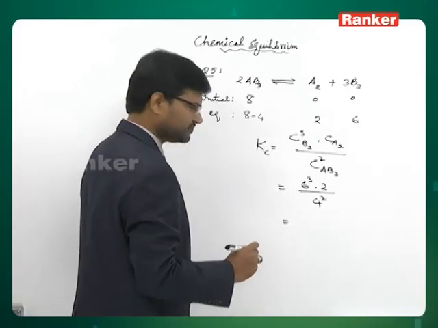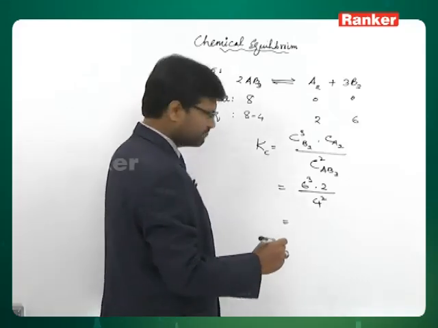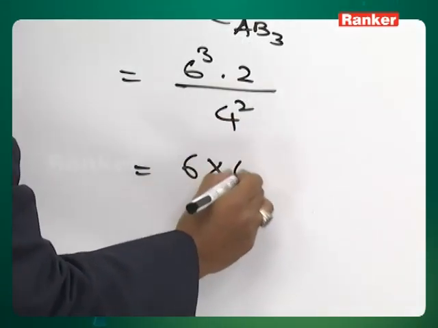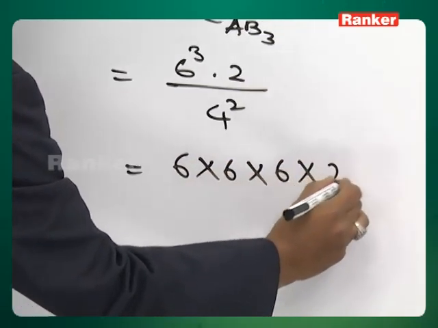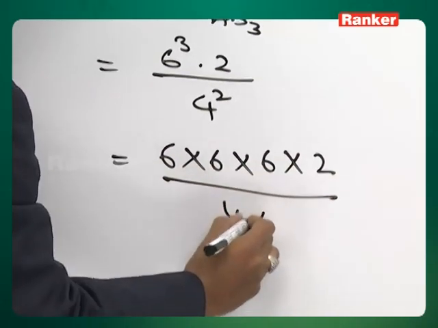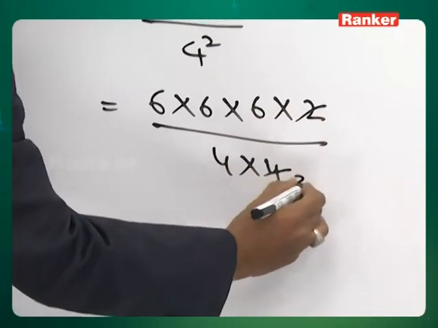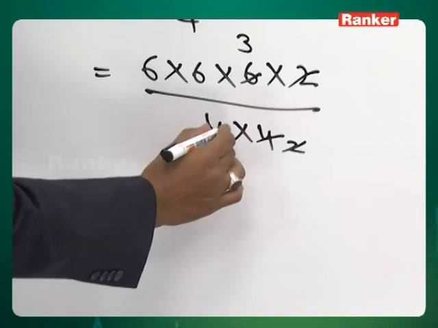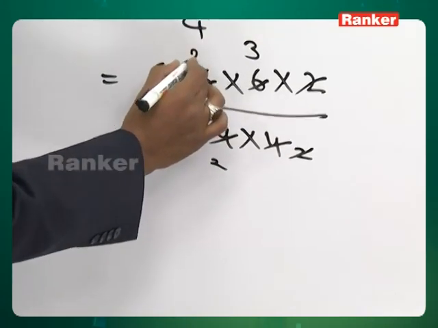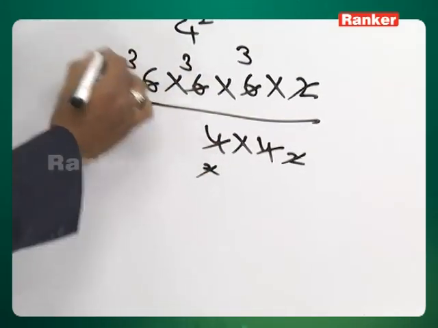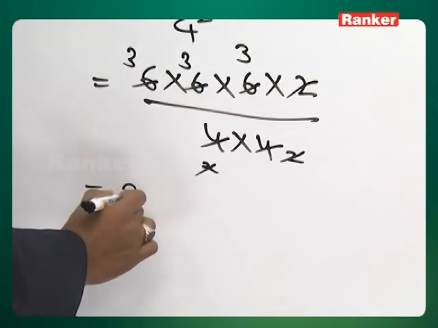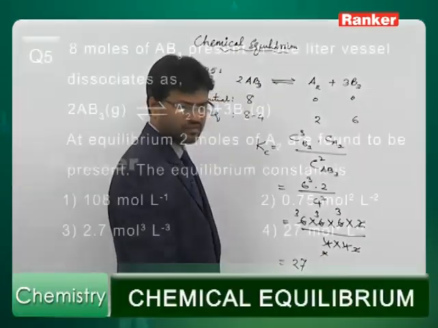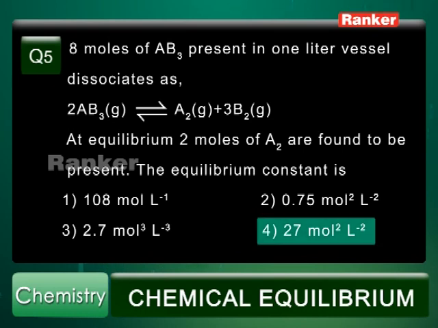This comes to 6 into 6 into 6 into 2 by 4 into 4. This goes 2 times, this goes 3 times, so that comes to 27. So, the correct answer is the fourth option, 27 mole square per liter square.